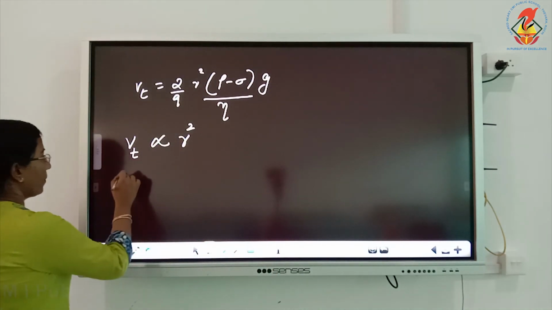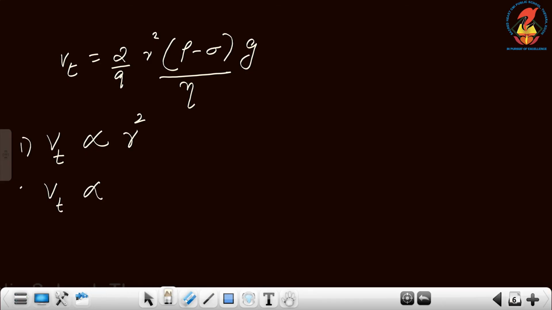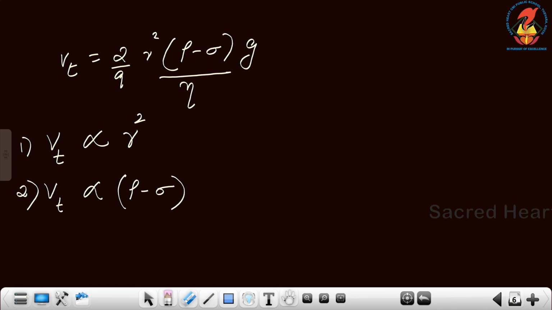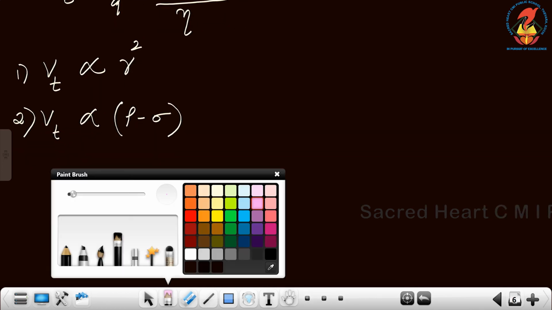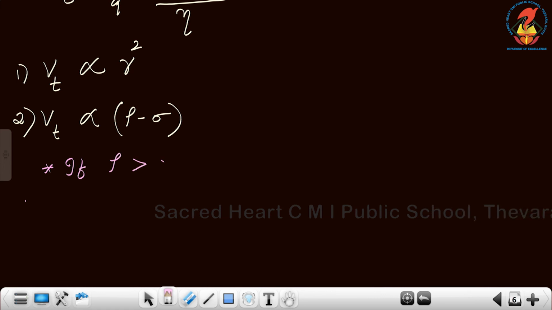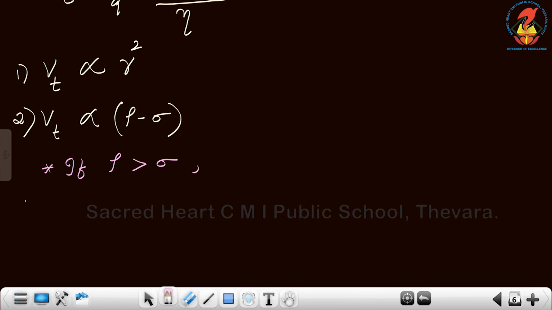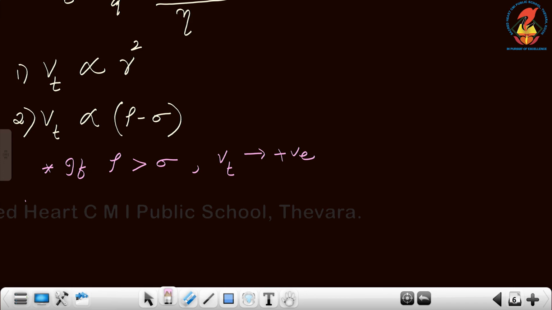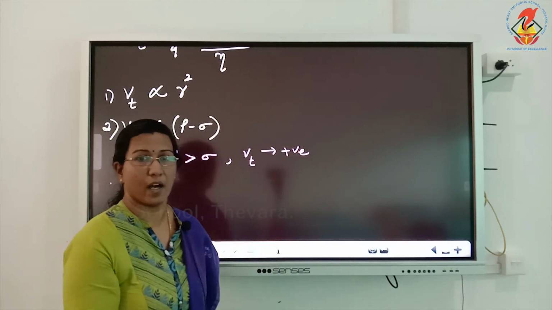Next, terminal velocity is proportional to the difference in density of the body and the fluid. If the density of the body is greater than the density of the fluid, what happens? Terminal velocity will be positive and the body will be coming down.